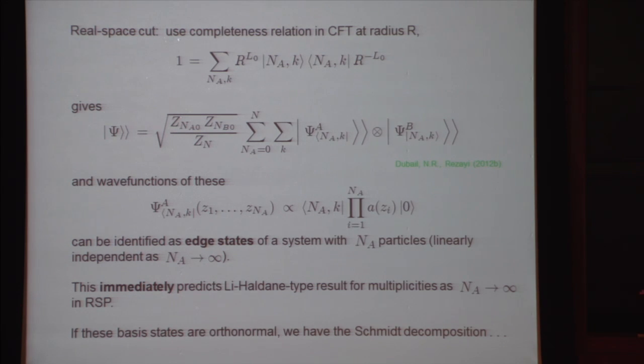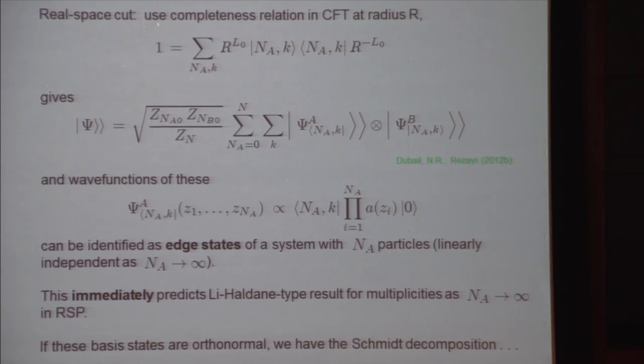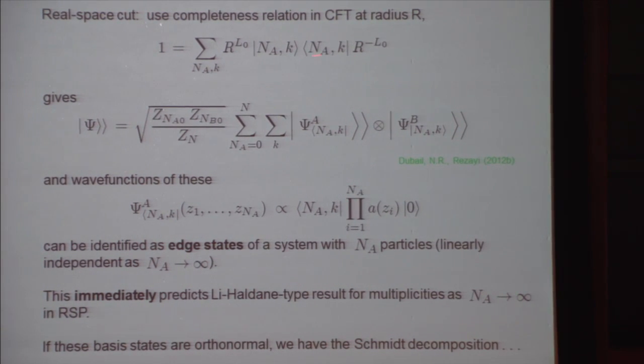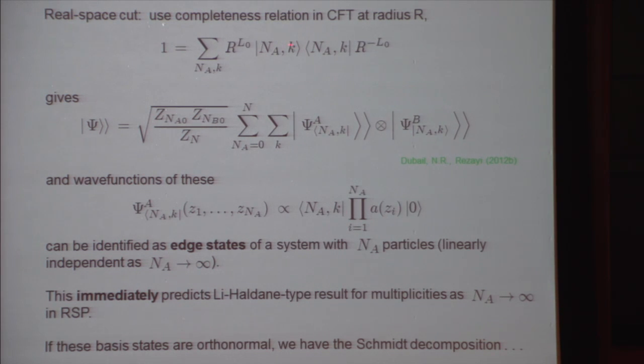and what I can do on a circle of radius r, there I have a Hilbert space in CFT. I can use the completeness relation in that infinite dimensional Hilbert space, and I can write 1 is equal to an outer product of basis states, which I have to sum over all the basis states, and there's different values of the charge quantum number there, depending on NA, which is how many particles appear inside that radius, because everything's radially ordered.